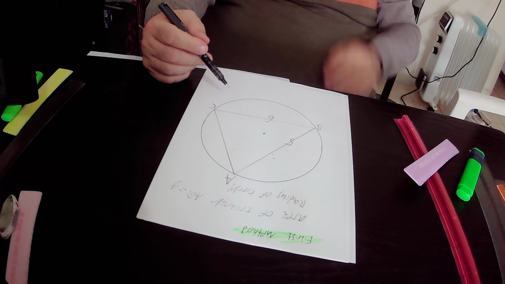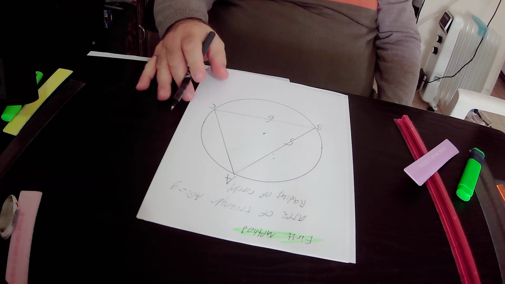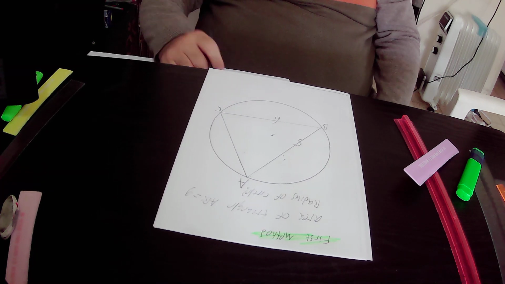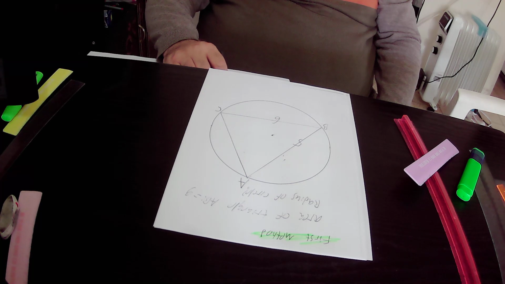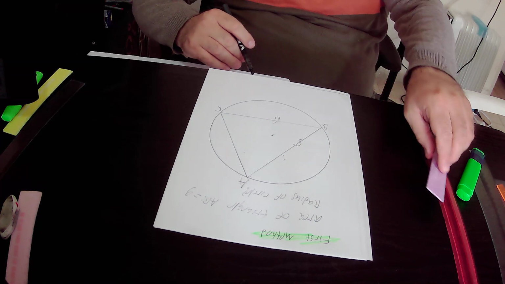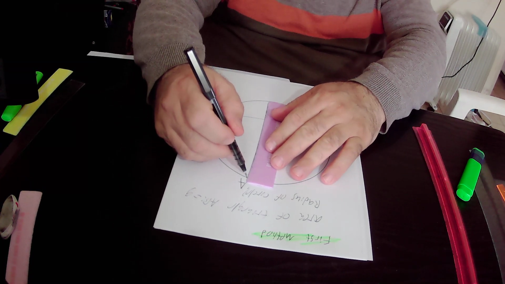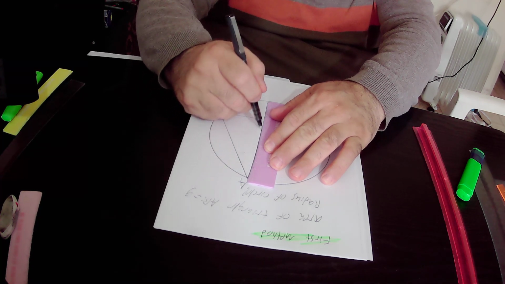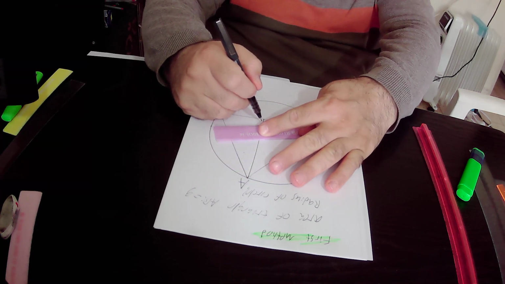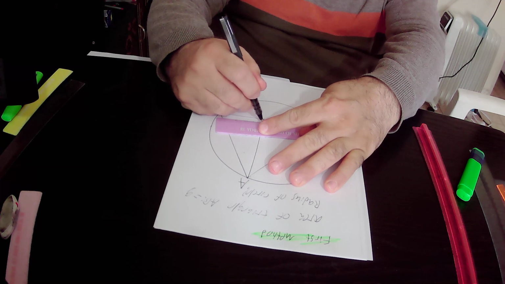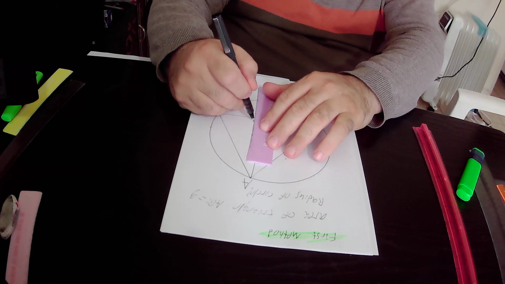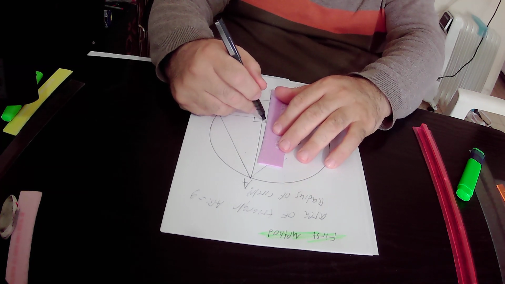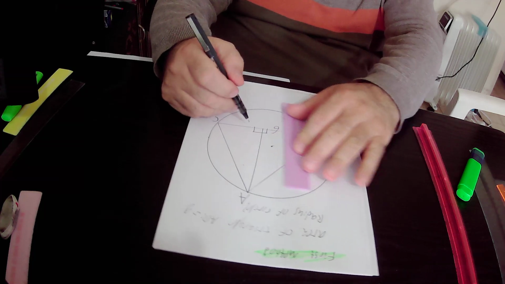Okay, so we start with the first method. In the first method, from point A, we will draw a perpendicular on BC. So this angle equals 90 degrees according to our construction, and this angle also equals 90 degrees according to our construction.